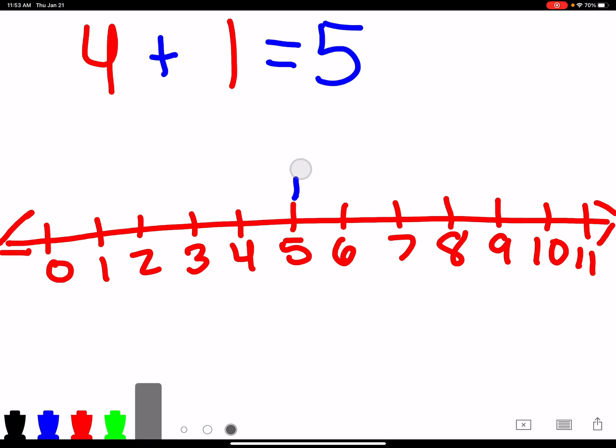Okay, let's try another problem. We are going to pretend you have 7 board games, but it was your birthday, so your friends gave you some more, and now you have a total of 16. How many games did your friend give you? So this problem is saying, let's see, I'm going to erase this. Bye-bye, 4 plus 1.